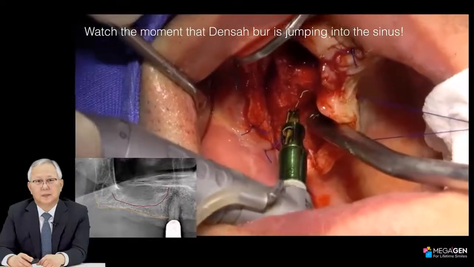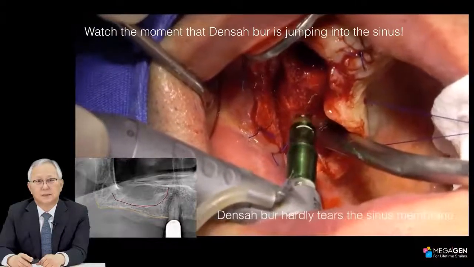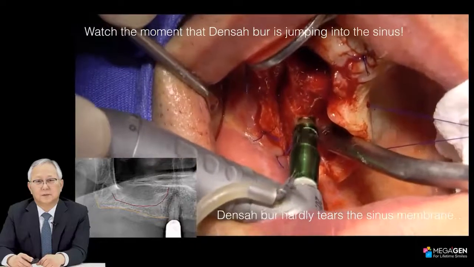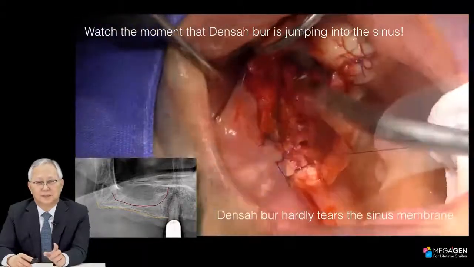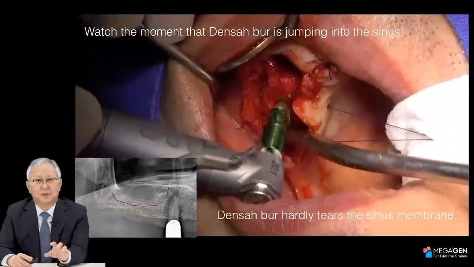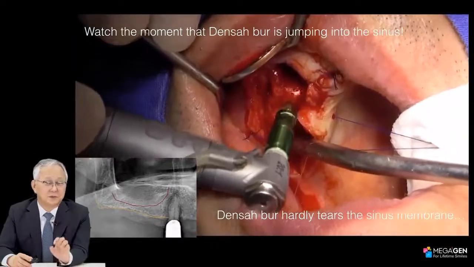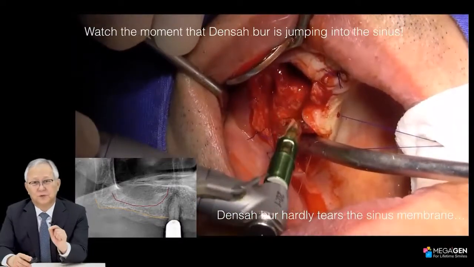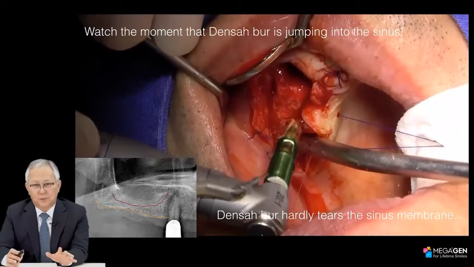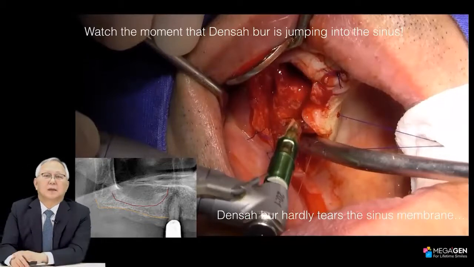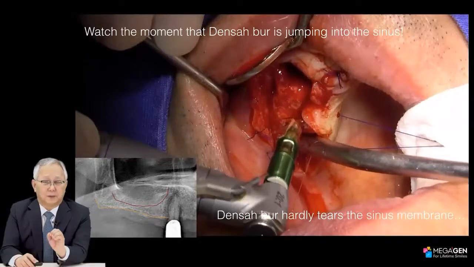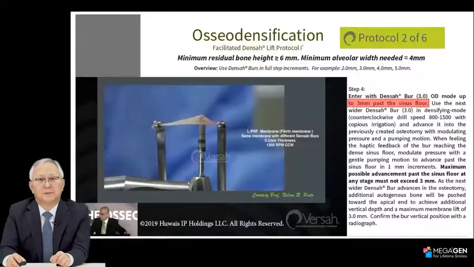So you see, it jumped into the sinus, but this is too sudden, so don't move this much. Just slowly open the window and the sinus floor and move the autogenous bone into the sinus bone graft.